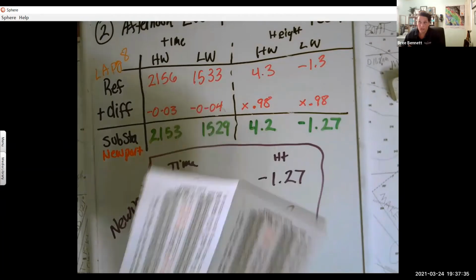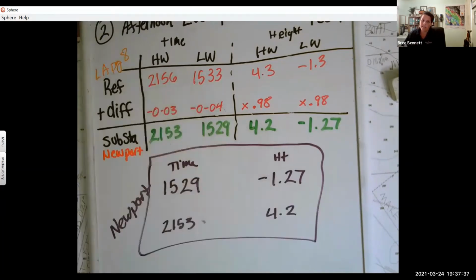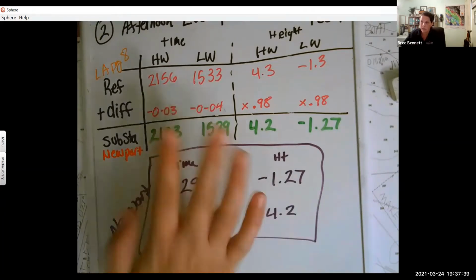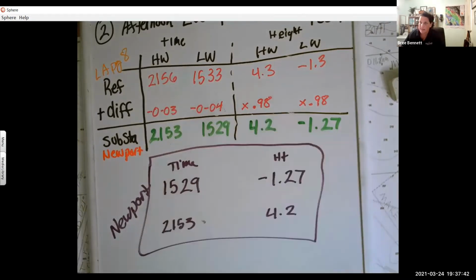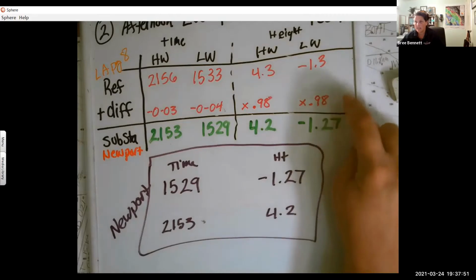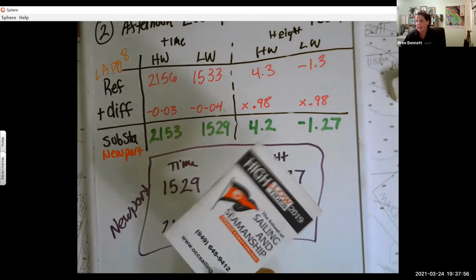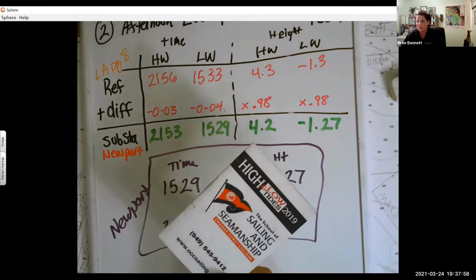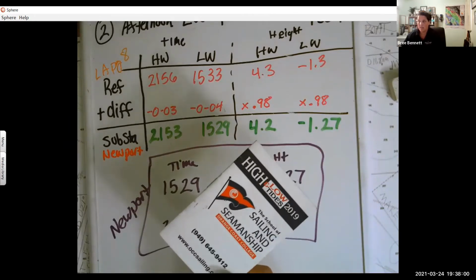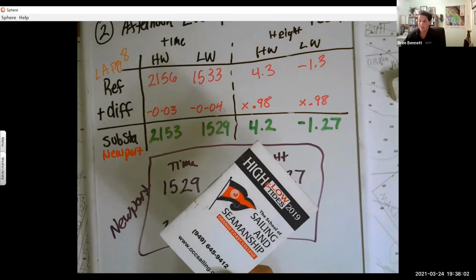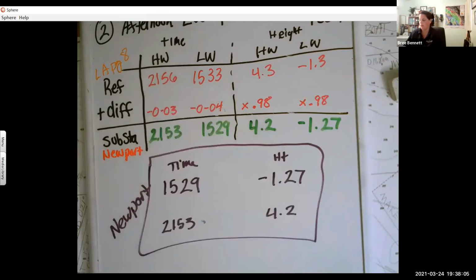So great, that will totally work for us in Newport because who cares, 3 or 4 minutes, like 0.1 of a foot, right? But if we are in an area where we have a bigger difference, then this little book is not going to be as accurate. Okay. Does that make sense?